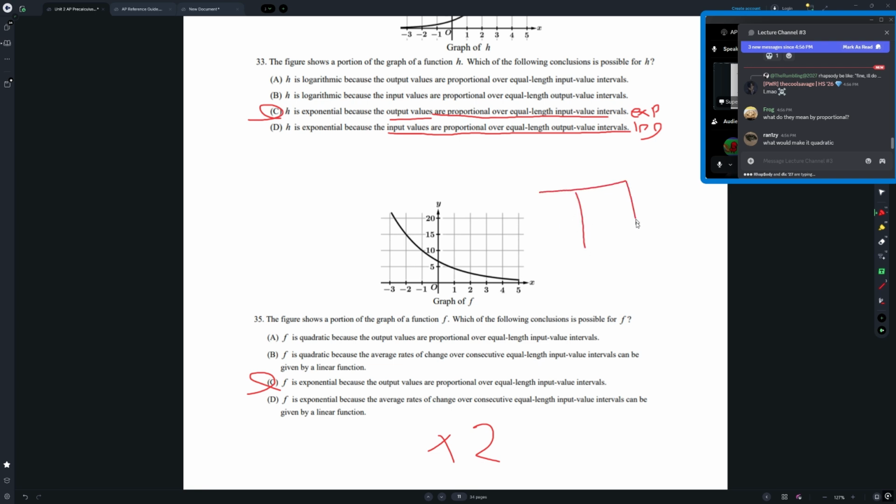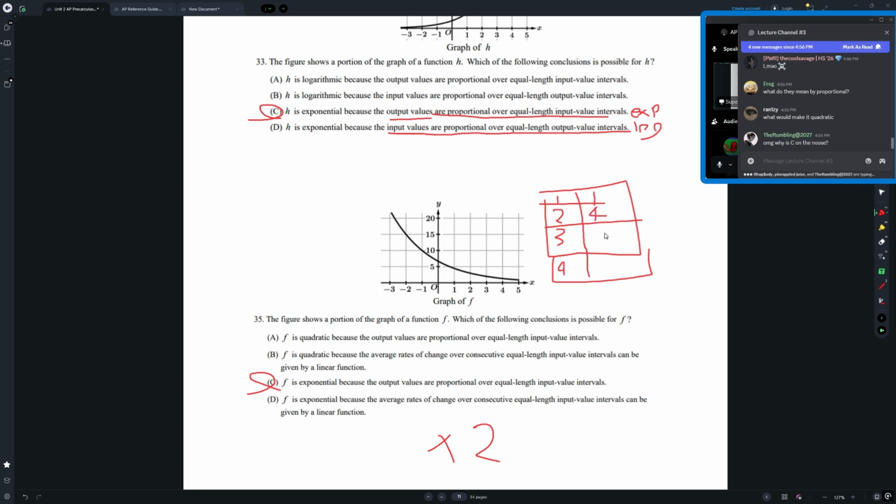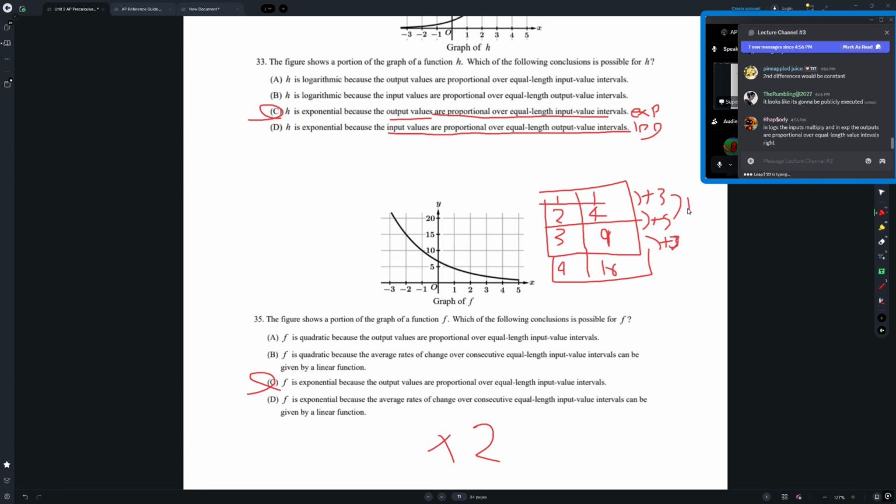So if you had 1, 2, 3, and 4, and it was 1, 4, 9, and 16, it would be plus 3, plus 5, plus 7, and the second difference is plus 2, and they match, so that means it's quadratic.